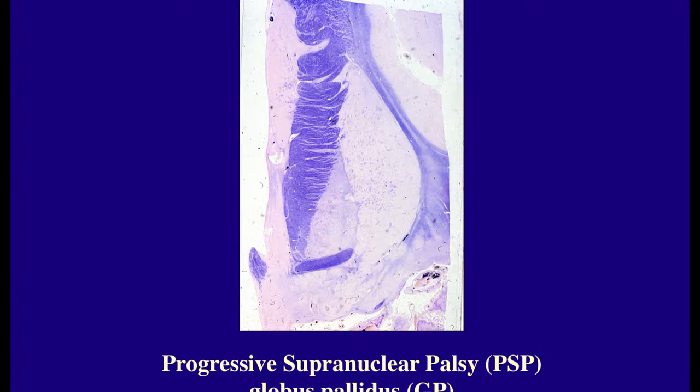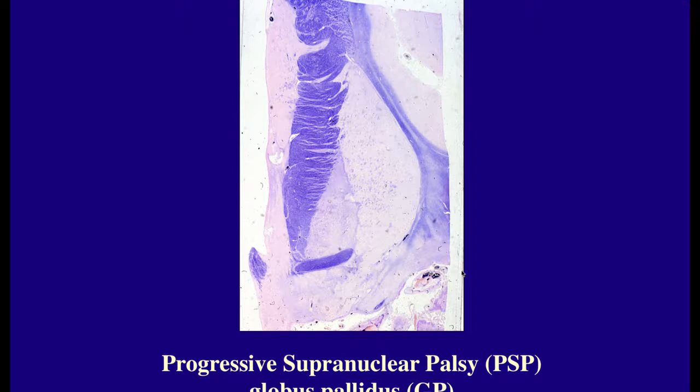Okay, the next movement disorder I want to touch on is progressive supranuclear palsy. This is another tauopathy. So it's an accumulation of tau. Again, there are no senile plaques, and the distribution is very distinct from that involved in both Pick's disease and in Alzheimer's disease.